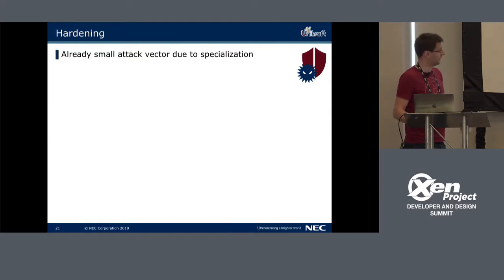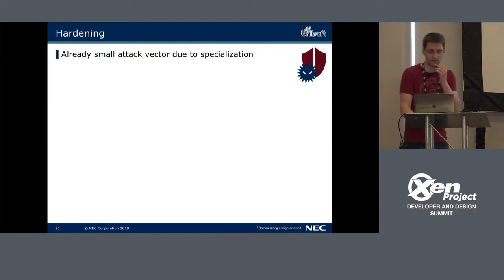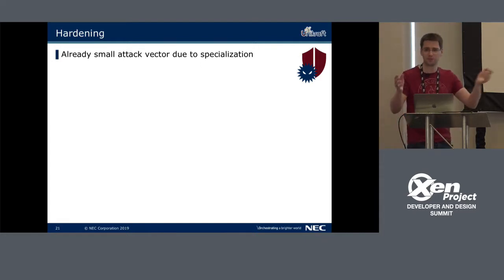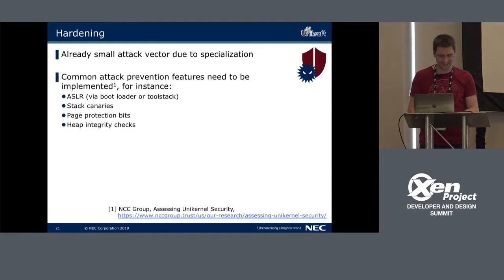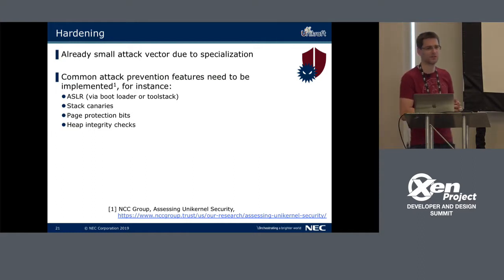And last but not least is security hardening. This now becomes a bigger, interesting topic to work on. We can already say we have a small attack vector because we specialize everything, but it's not enough, right? You probably heard of the publication that the NCC Group did, which said that security is terrible within unikernels.